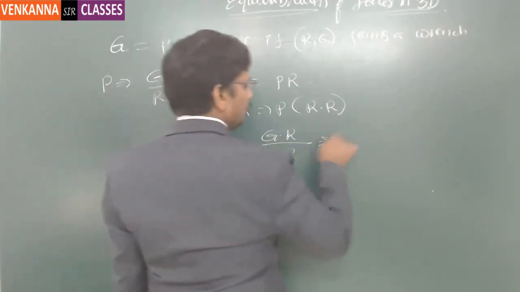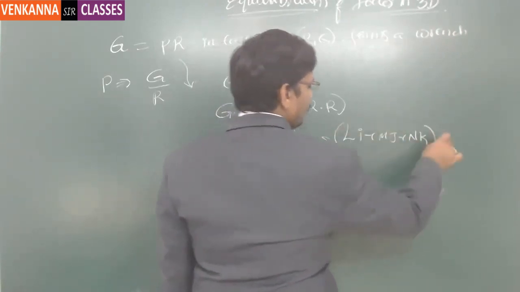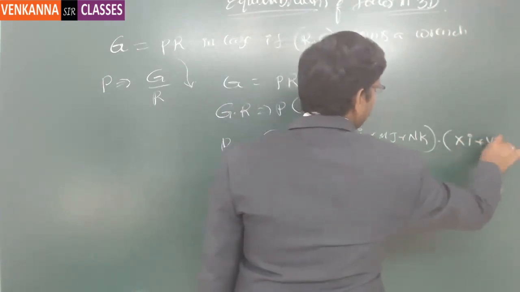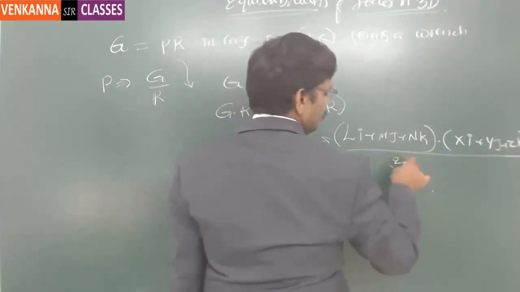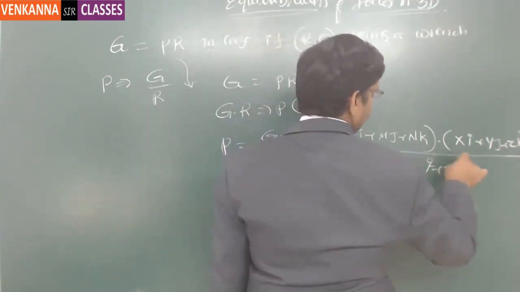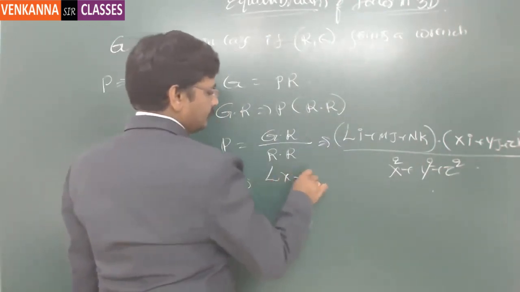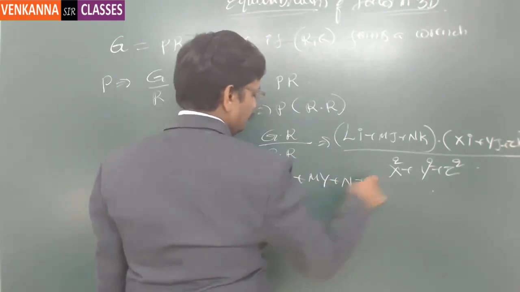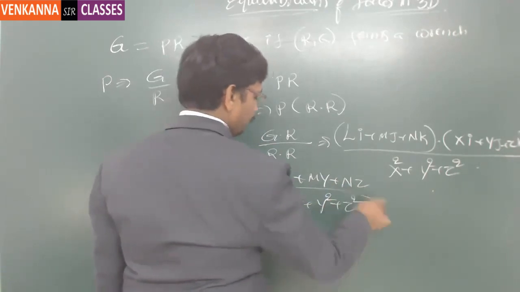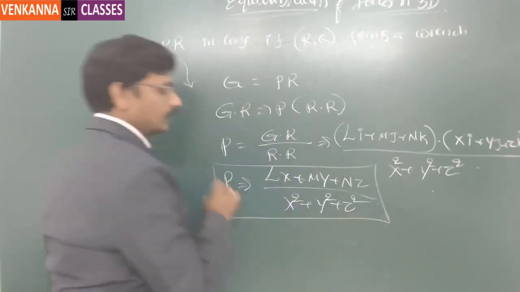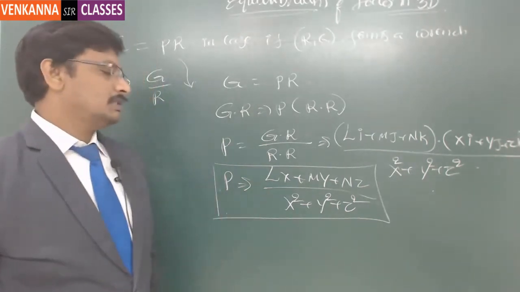G dot R is Li plus Mj plus Nk dot product with Xi plus Yj plus Zk, and R dot R is X square plus Y square plus Z square. Now this simplifies to P is equal to Lx plus My plus Nz divided by X square plus Y square plus Z square. So this is how you can calculate the pitch of the wrench. Got it?